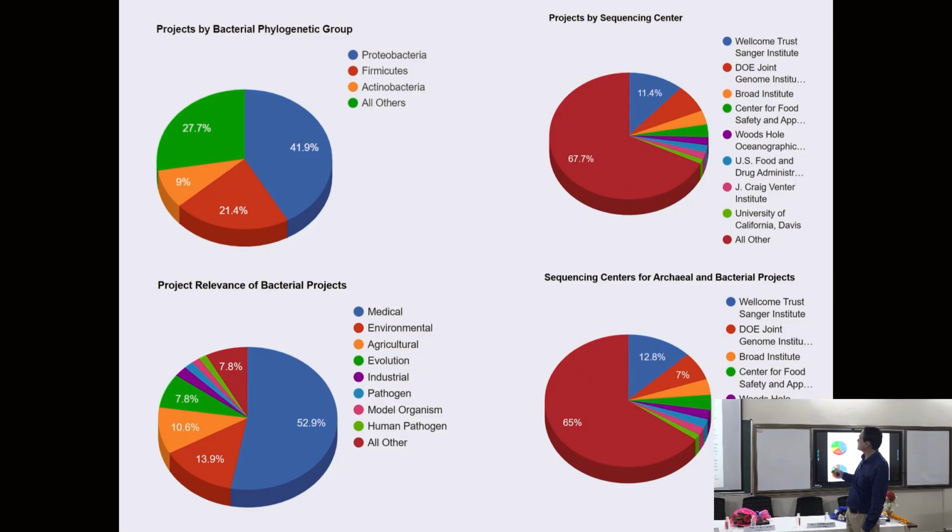Wellcome Trust Sanger Institute in the United Kingdom, they sequence over 10% of all the projects actually. Then the DOE, Department of Energy, Joint Genome Institute, Broad Institute, and so on. And I think it is similar for archaeal and bacterial projects.